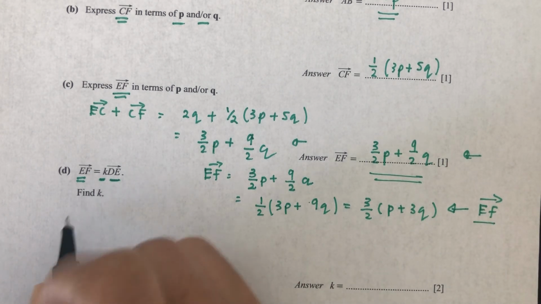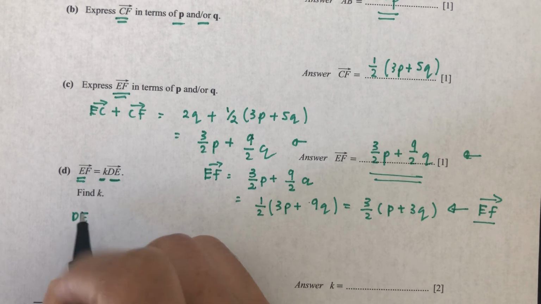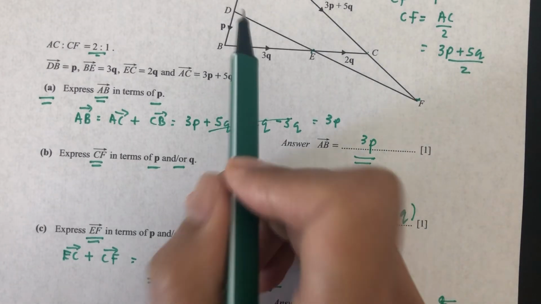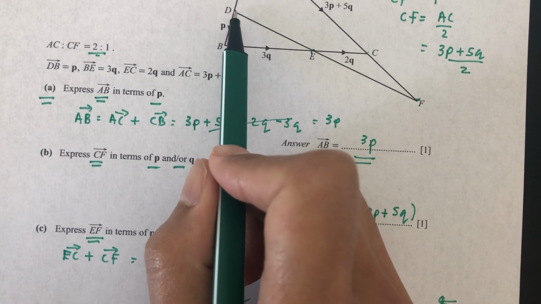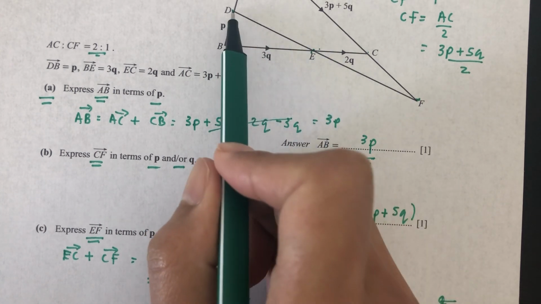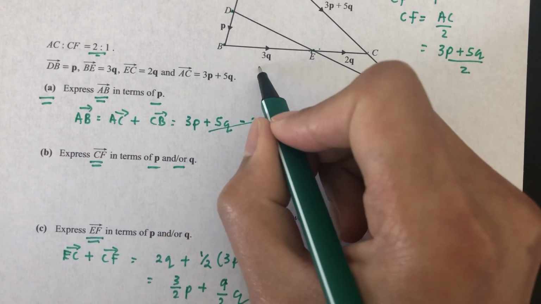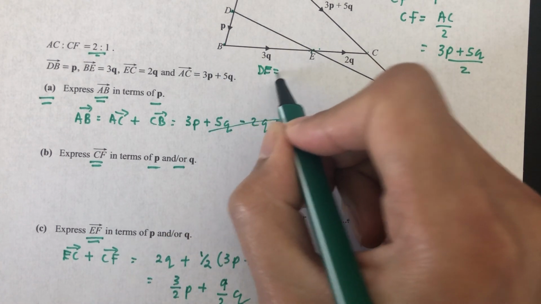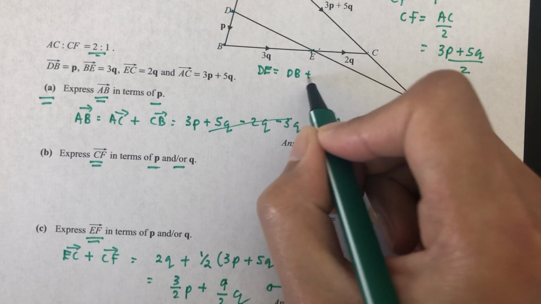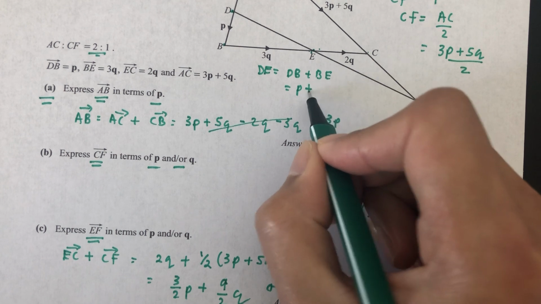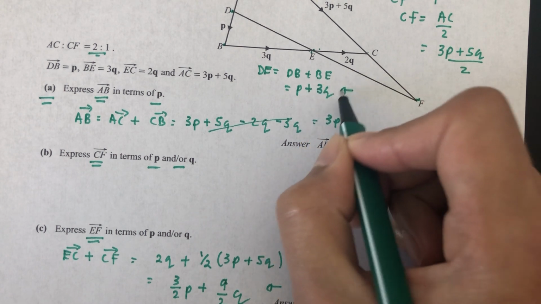So what is DE? Observe DE is from D to E. We can go D to B, and B to E. So DE equals DB plus BE, which is P plus 3Q.